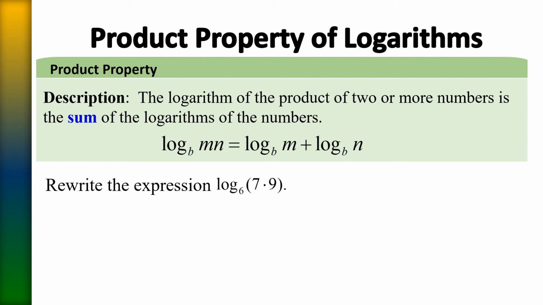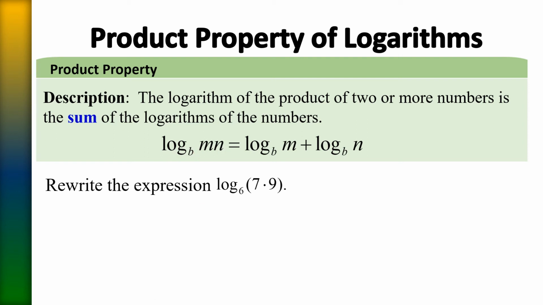In other words, you're kind of splitting them up into two logarithms. So it would be log base b of m plus log base b of n. That is equivalent to writing it as log base b of m times n.